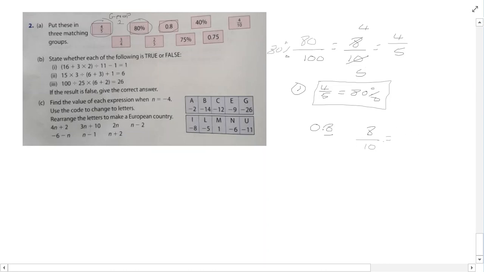If I divide the top by 2, I divide the bottom by 2. 2 will go into 8 4 times, and 2 will go into 10 5 times. So it's 4 over 5. So 0.8 is 4 over 5.